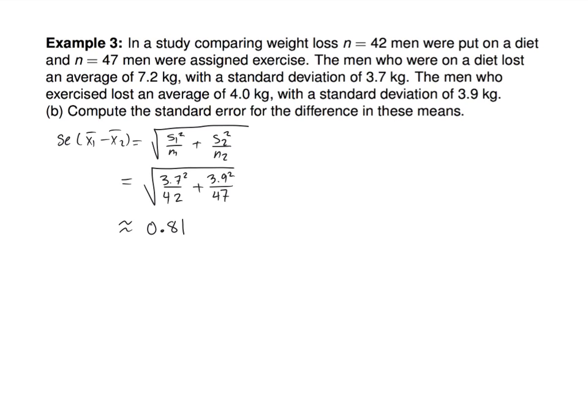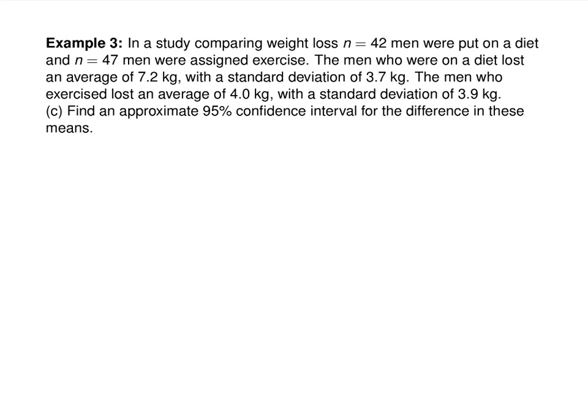Did you get the same thing? Yeah, I got the same thing. Alrighty. Find the confidence interval. Find an approximate 95% confidence interval for the difference in these means. So x1 bar minus x2 bar plus or minus your t star times standard error of x1 bar minus x2 bar.